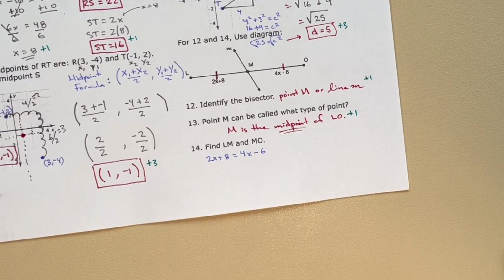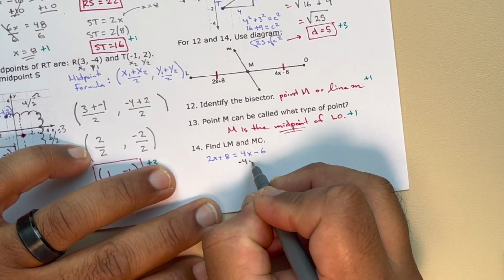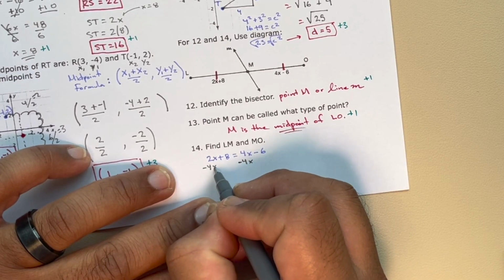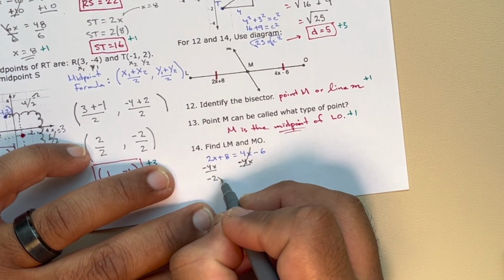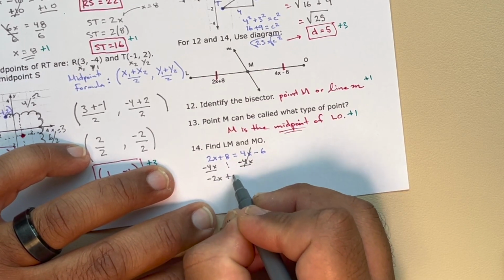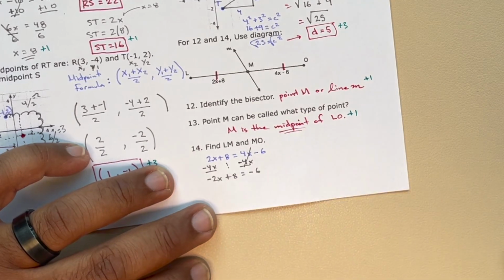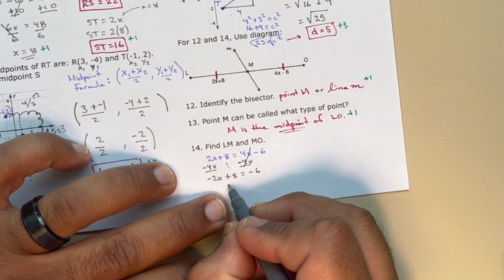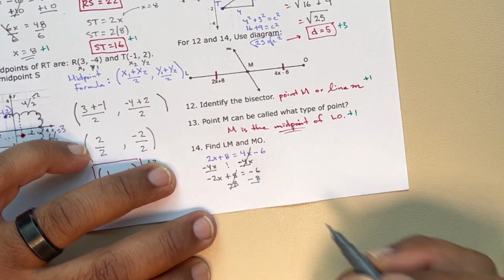So now I can use some algebra to solve for it. I'm going to subtract 4x from both sides to get the x's on one side. So I get negative 2x, bring down that 8, plus 8 equals that negative 6. I'm going to subtract 8 from both sides so I can get the x by itself.